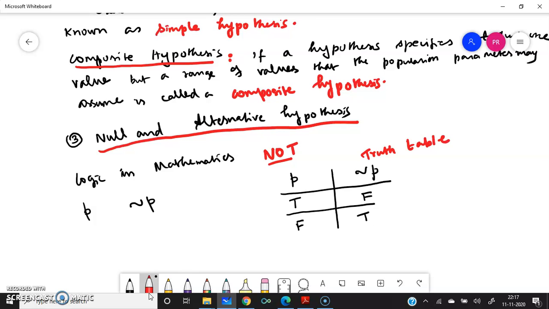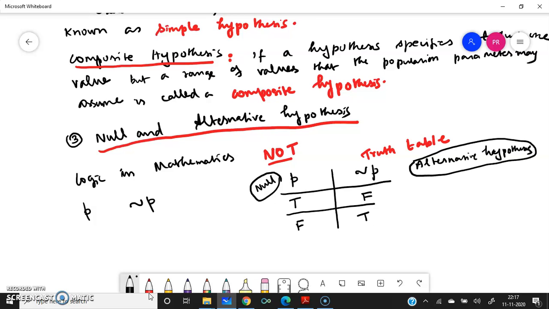P is known as our null hypothesis and not P will be our alternative hypothesis.